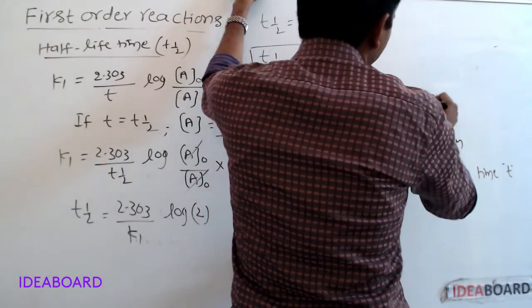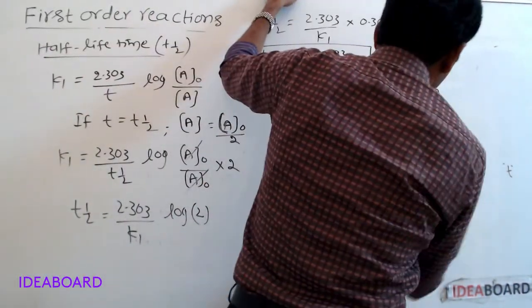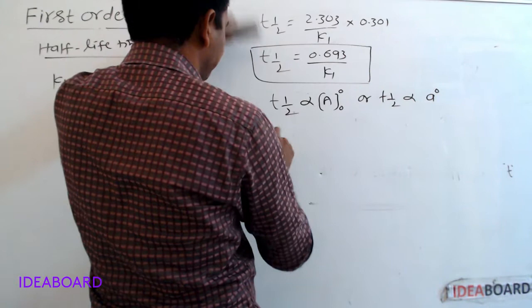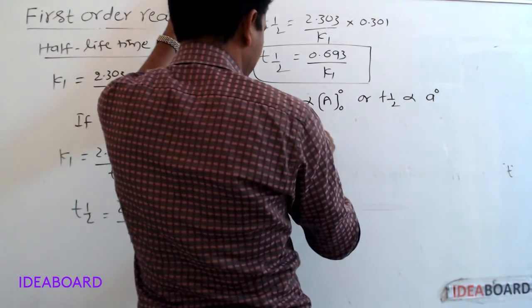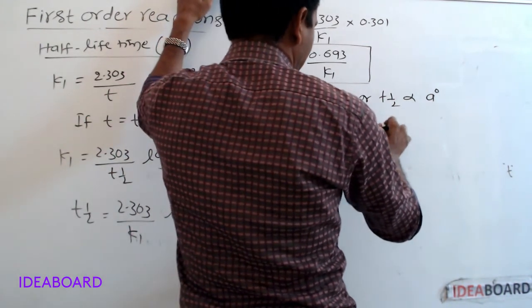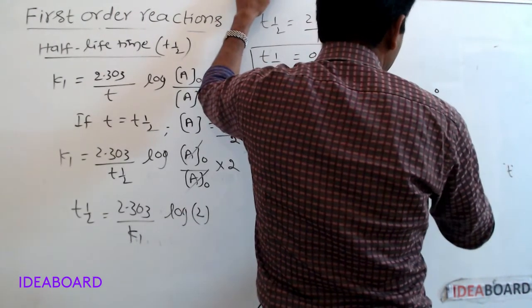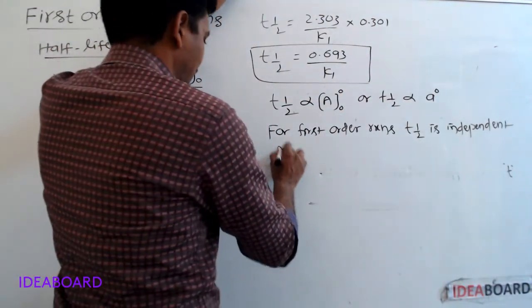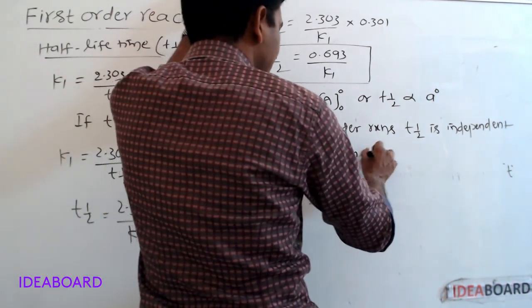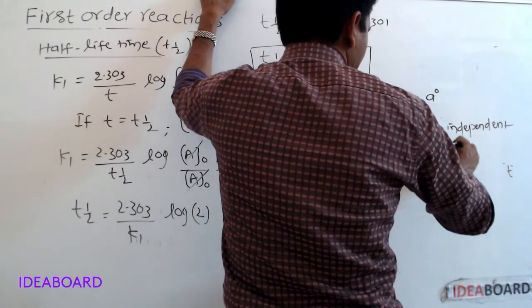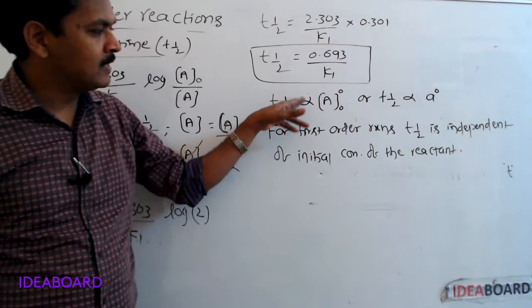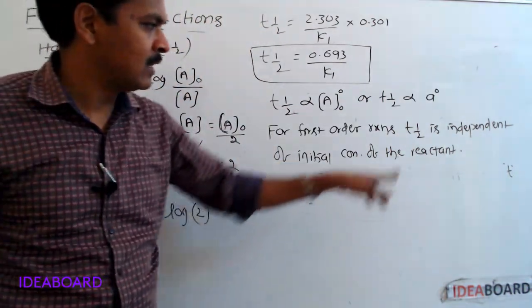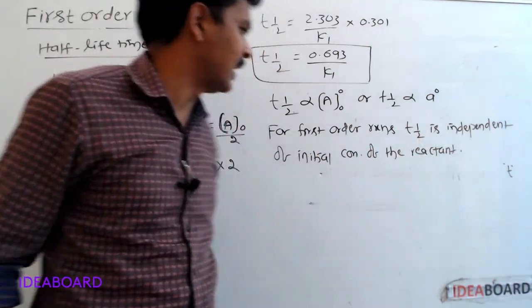That means for first order reactions, T half is independent of initial concentration of the reactant.